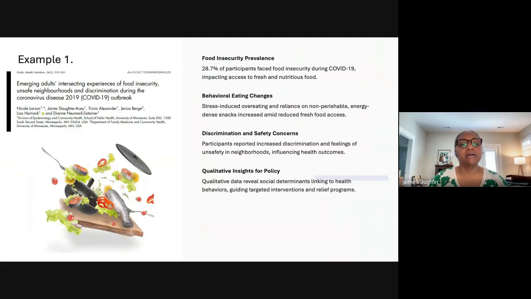And it also gave us some qualitative insights for policy, in thinking about targeted interventions, relief programs, that sort of thing.